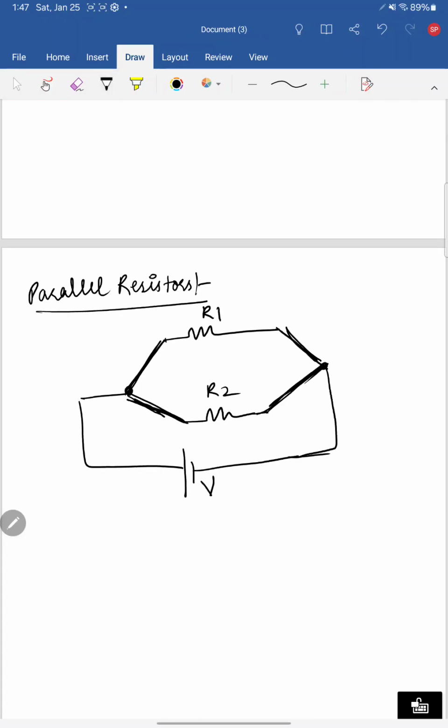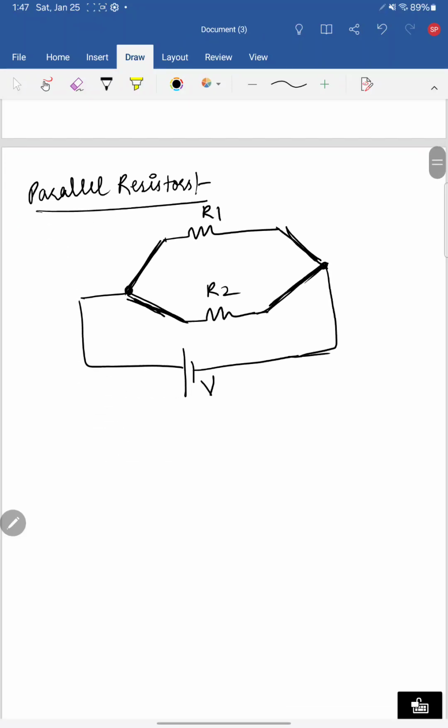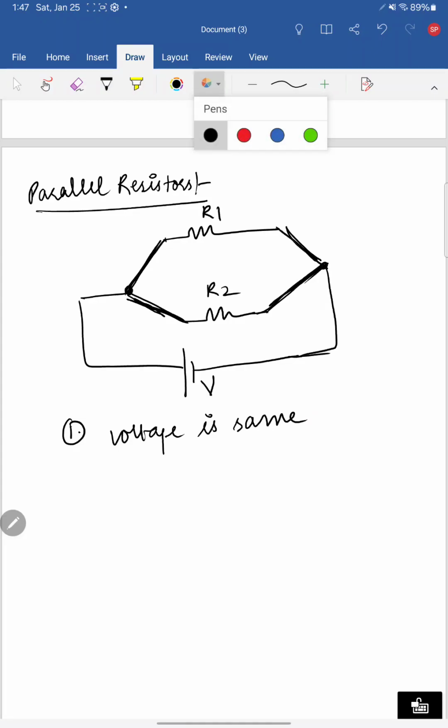This is V. So here, what we concluded in the parallel circuit, the first thing was that voltage is the same in all the resistors which are connected in parallel. What I told you was that if this is V, that means this is plus V with respect to this minus, which we consider as zero potential. If there is no resistor connected in this entire path, the same plus V will be here, and if there is no resistor in this entire path, the zero is here.